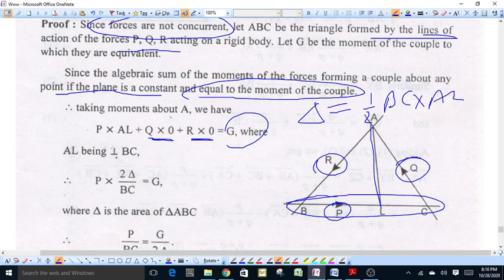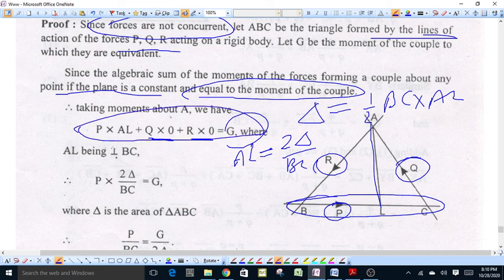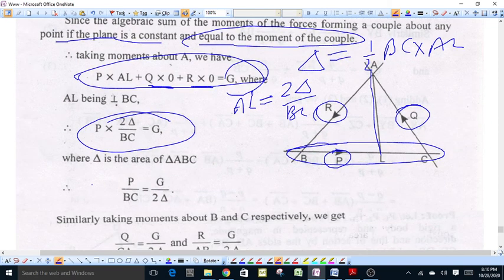From this relation, AL comes out to be 2 delta upon BC. Therefore, by putting this value of AL in the relation, P into 2 delta upon BC is equal to G, where delta is the area of triangle ABC.